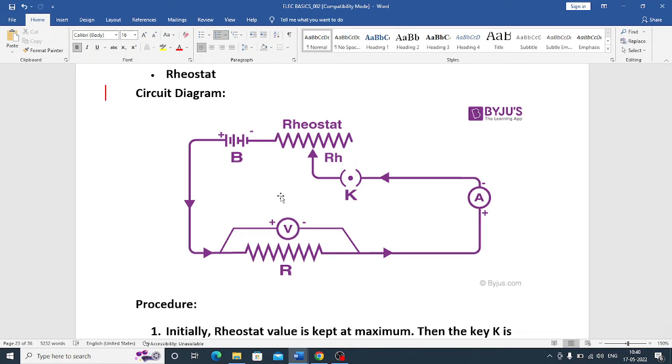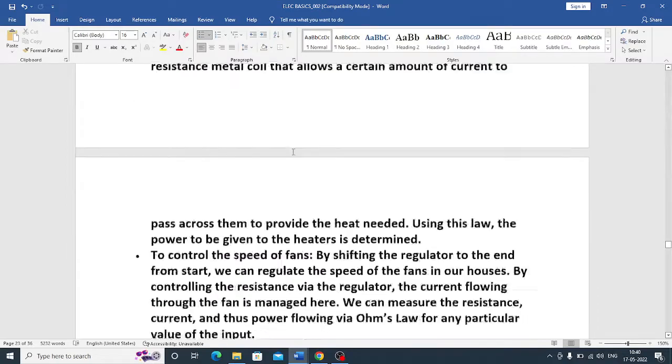Note down the readings V and I. Then vary the rheostat in steps gradually. So current will go on increasing. At each step you note down both the meter readings. By taking 4-5 readings, it is enough.